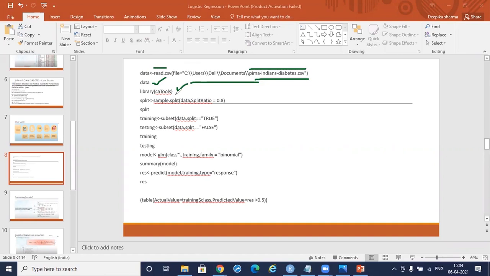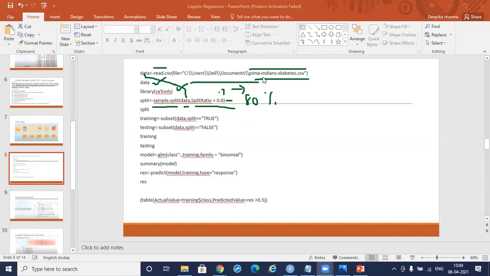So here we are calling sample.split. We are splitting the data where the CSV data are present. The split ratio, one can give as 0.7 or 0.8. So 0.8 means 80%, and 0.7 means 70% of the data we have to take.